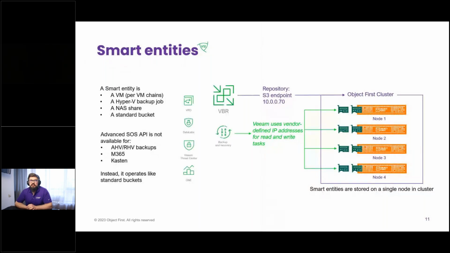So smart entities work for virtual machines of VMware, for Hyper-V jobs, for NAS share and standard S3 buckets. It will not work for AHV. It means that it will work in a regular object storage mode for M365 and for custom.